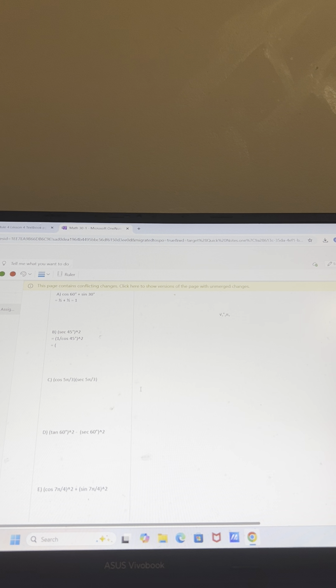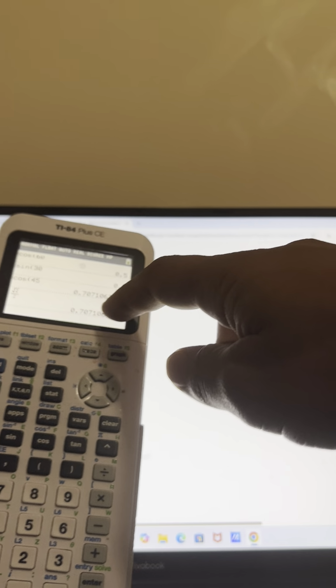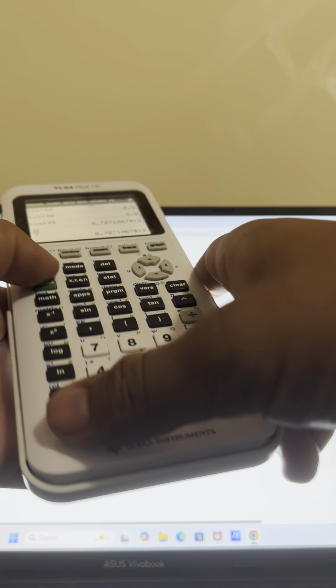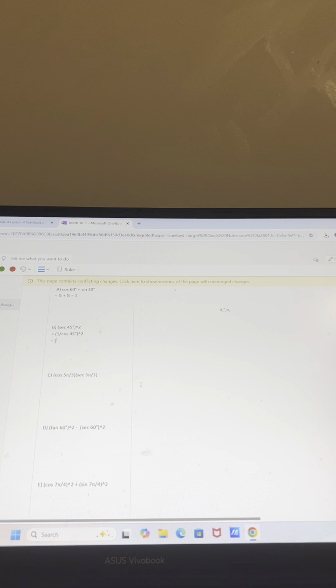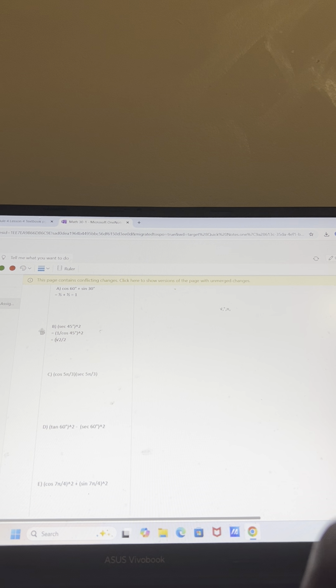And just to verify, these values over here match. So it's going to be equal to this: square root of 2 over 2. 1 over square root of 2 over 2, and then squared.